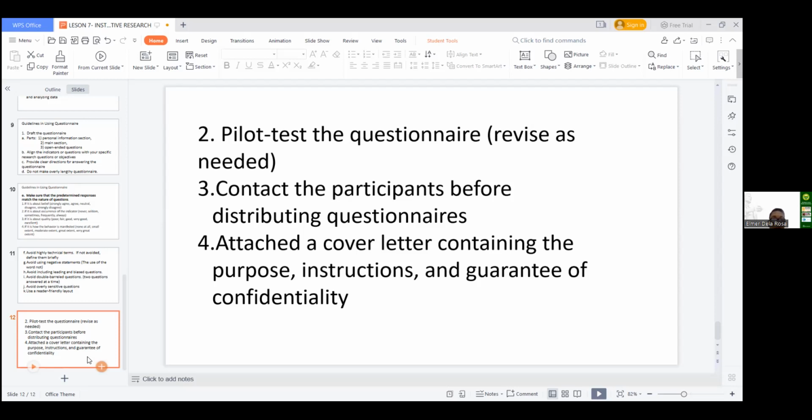And before you go to the locale of your study, make sure that you have contacted the participants before distributing questionnaires. Do not encroach on their vacant times, like when they are busy eating their breaks or lunch times nila, tapos pupunta ka doon sisingit. So research studies using questionnaires are well coordinated. In advance, you ask the permission of the school principal, you ask the permission of the class advisor or the teacher in charge.